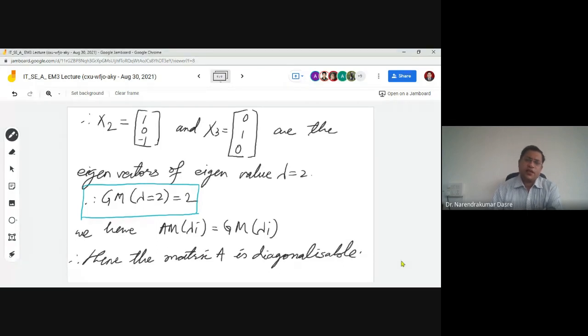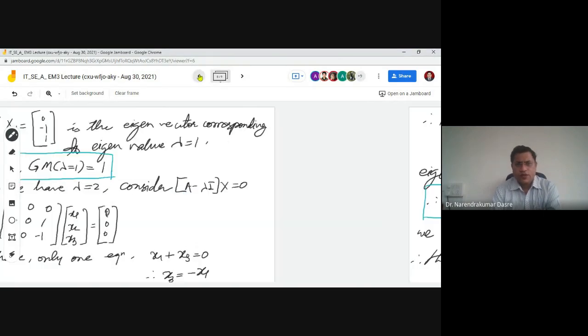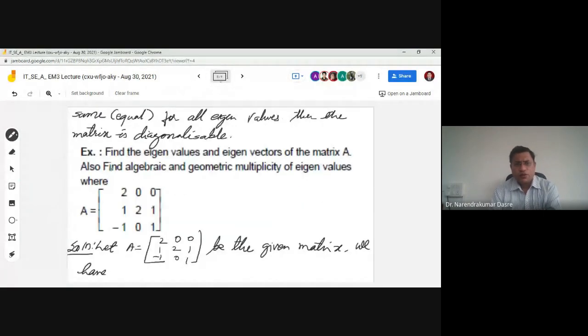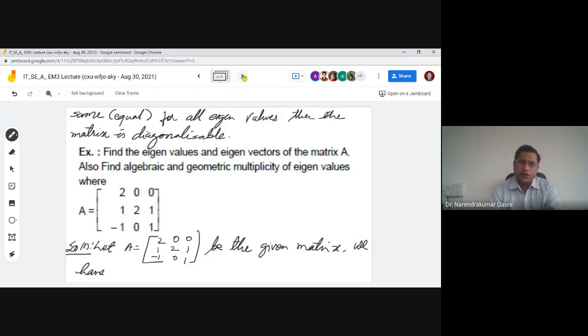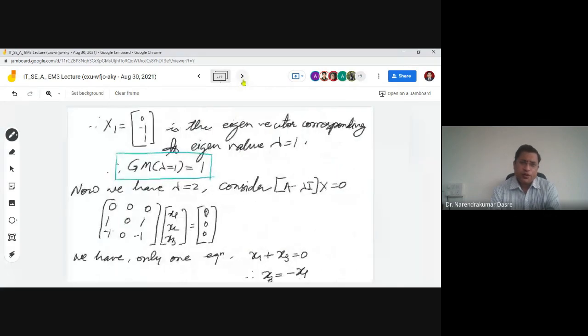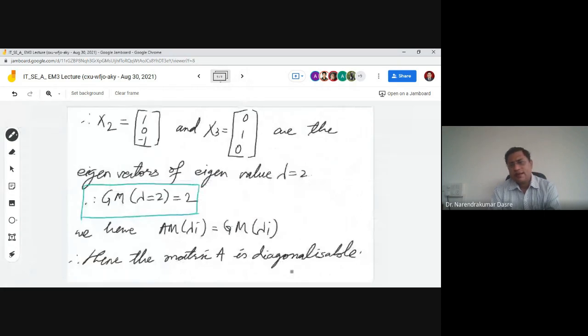So this matrix A is going to be diagonalizable. Now, see the question. It says find the eigenvalues, eigenvectors, also find algebraic and geometric multiplicity. So we got the geometric and algebraic multiplicity, and we proved that it is going to be a diagonalizable matrix.